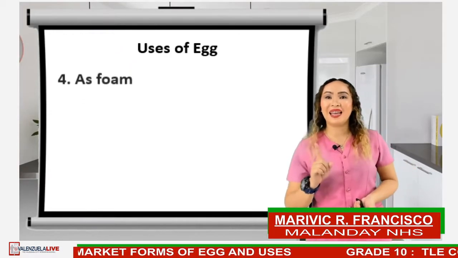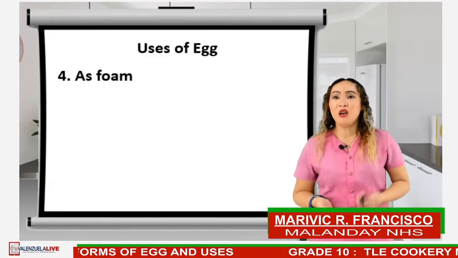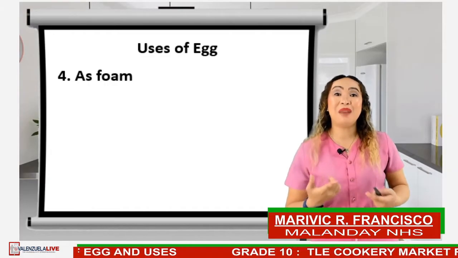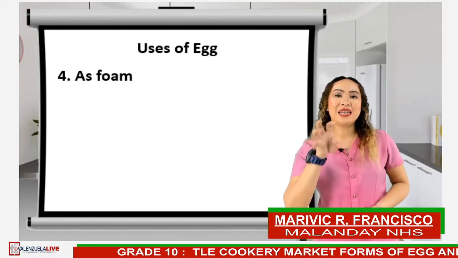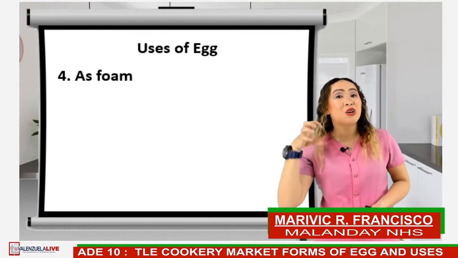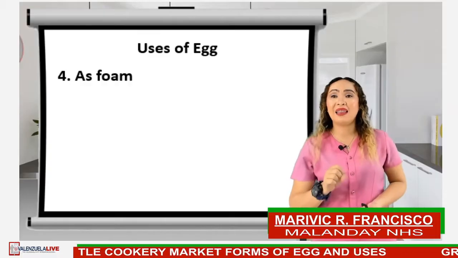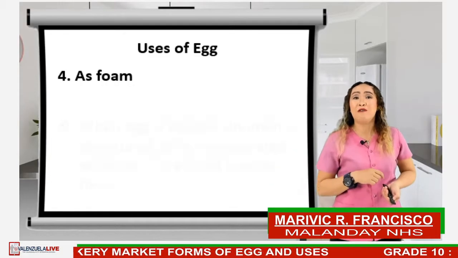Then, egg as a foam. When egg is beaten, albumin is denatured. Air is the important factor here, so it is incorporated as the white is stretched into thin films.